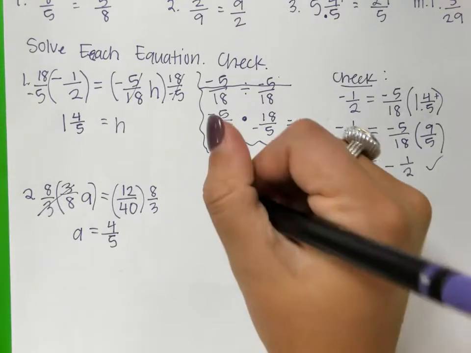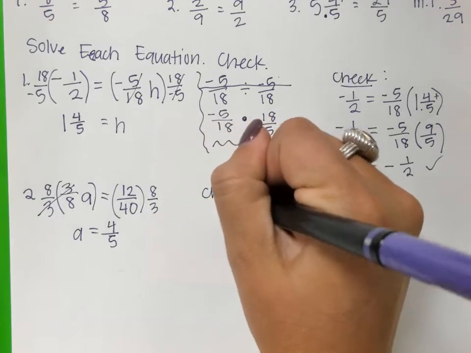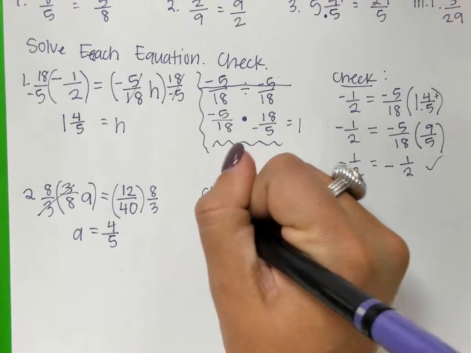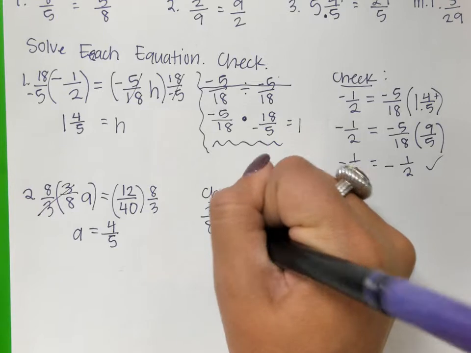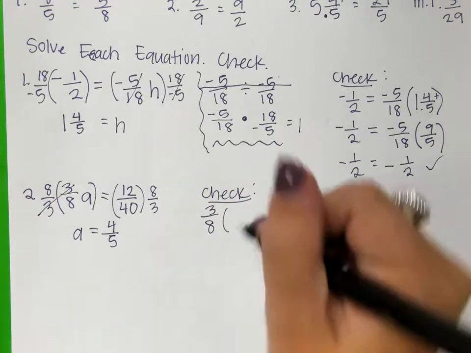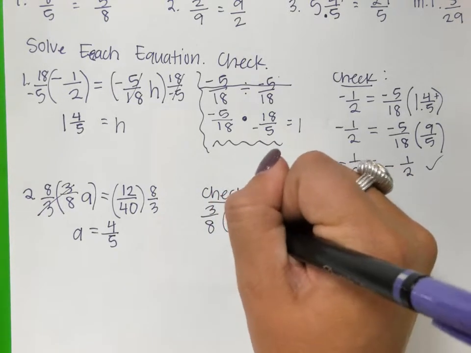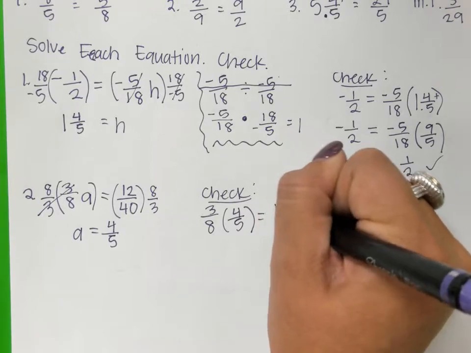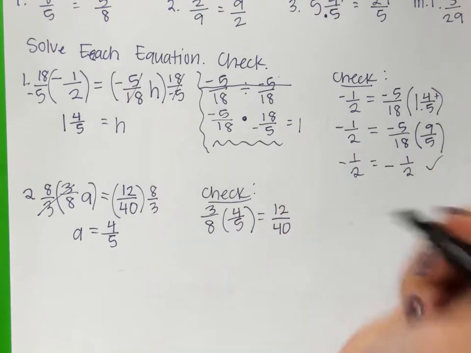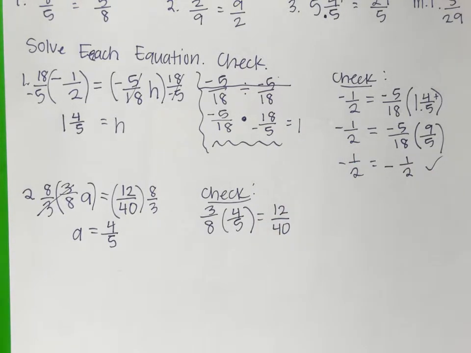Am I done? No, I need to check it. So that means I have 3 over 8 and I'm plugging in a. So I'm plugging in 4/5. And that should be equal to 12 over 40. We should all be writing this down.